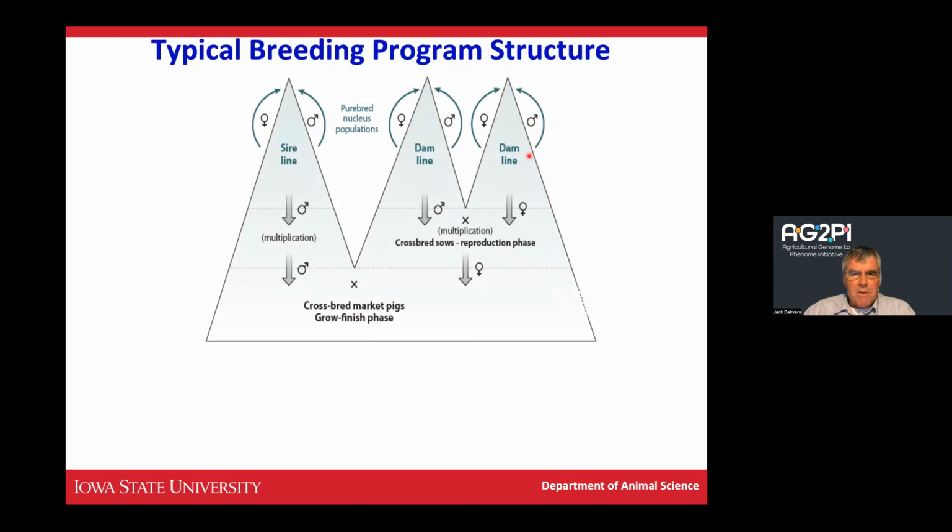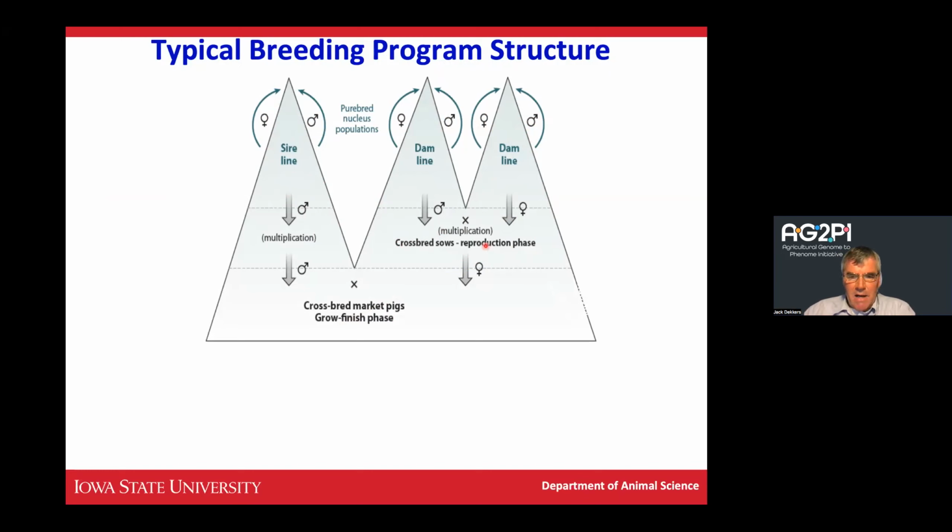and I'll make a comparison more directly in a little bit. But the selection takes place in these purebred nucleus programs, segregating populations. So we typically, in pigs, have a sire population, a sire line, and two dam lines that are crossed to produce crossbred females that are used for reproduction.